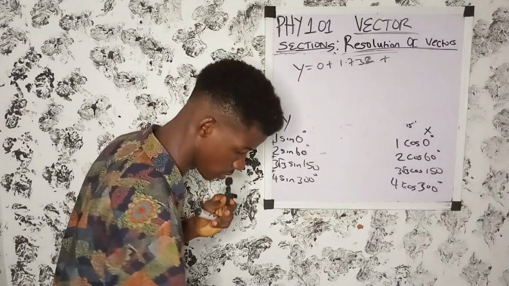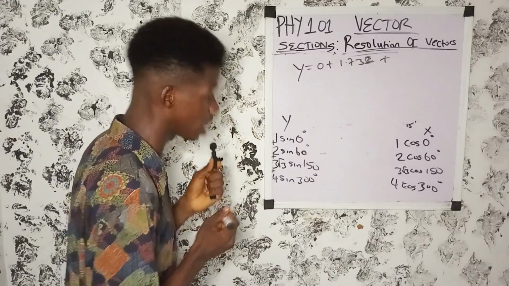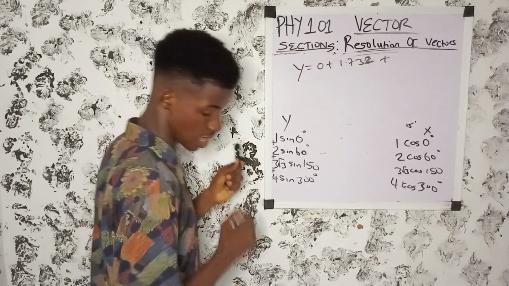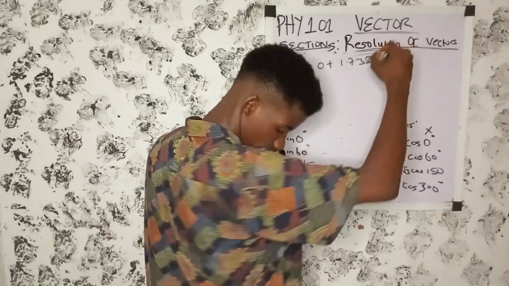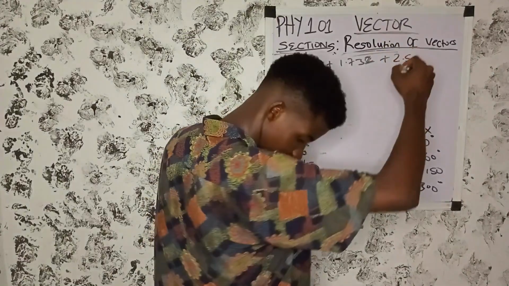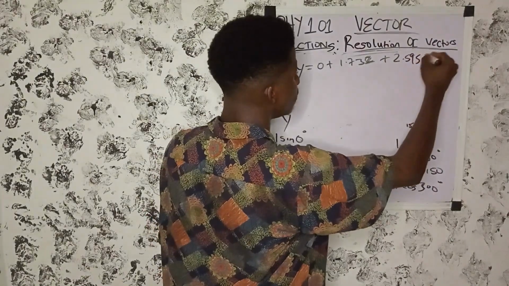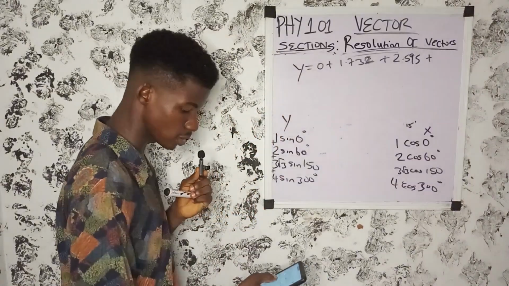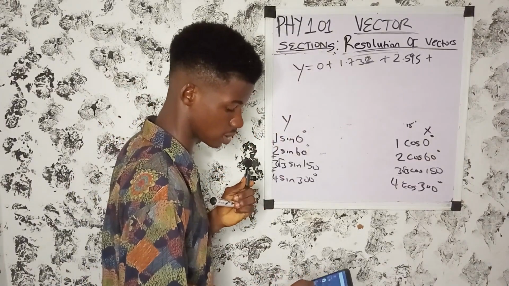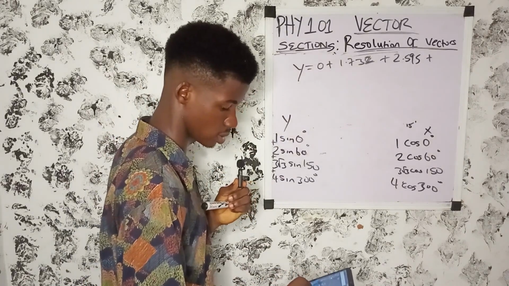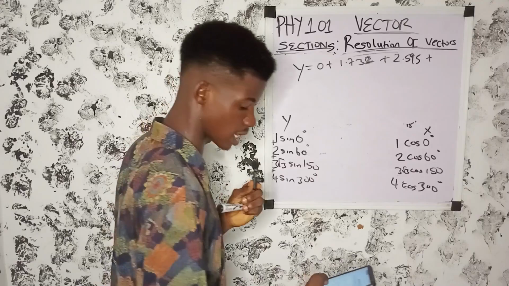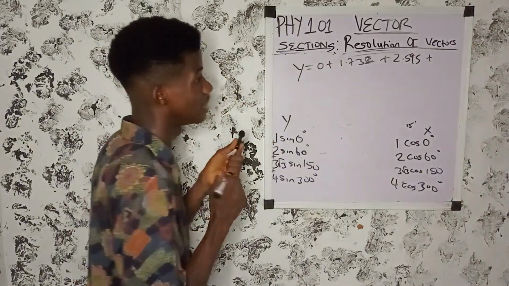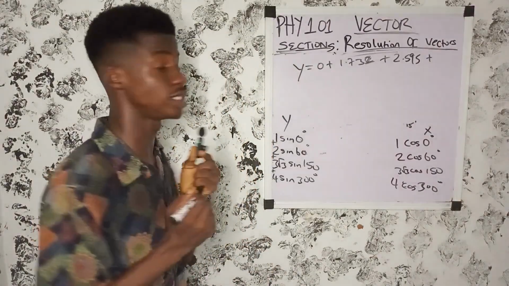Sin 150, we have 2.595. Then plus 4 sin 300. 4 sin 300 is minus 3.464.